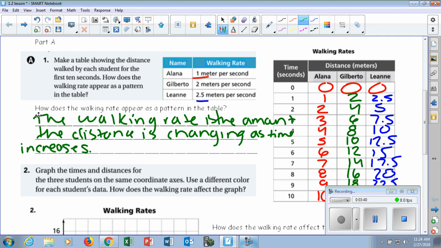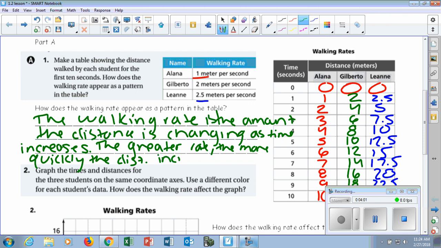So our walking rate is constant. The greater the rate, the more quickly the distance increases.